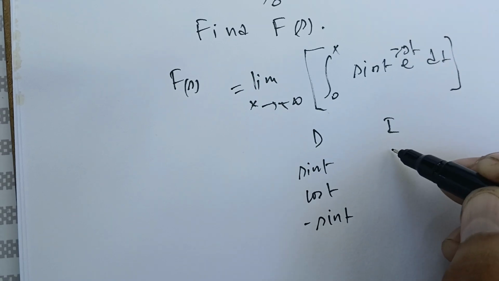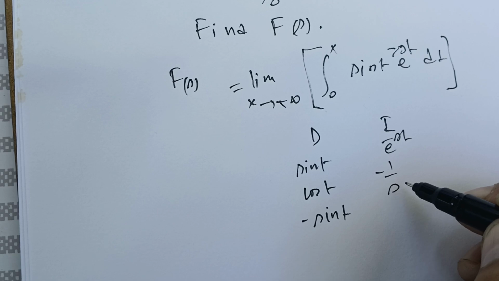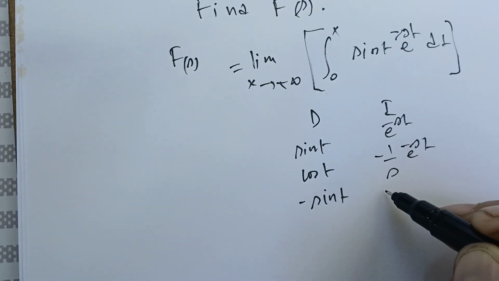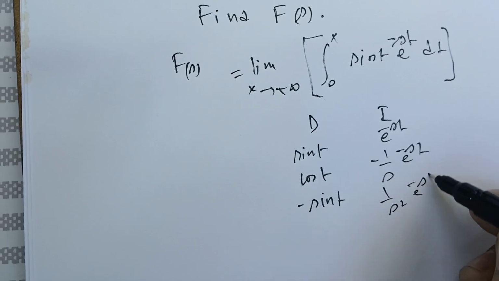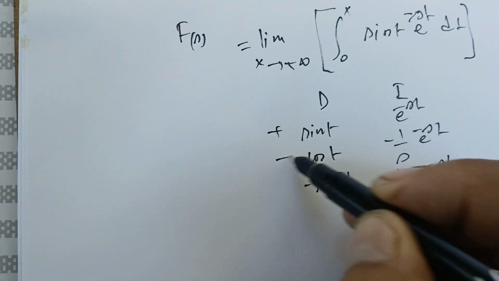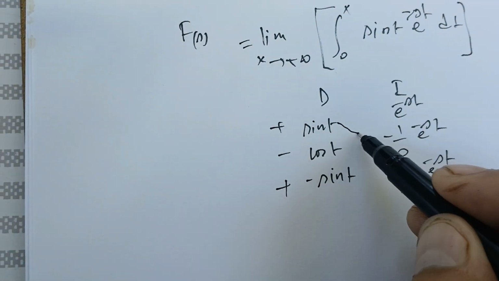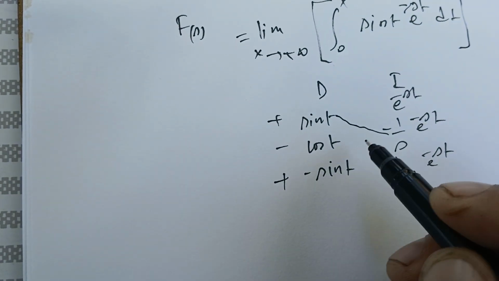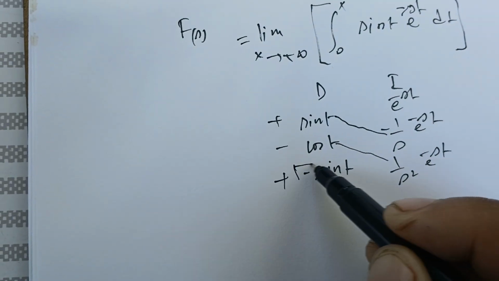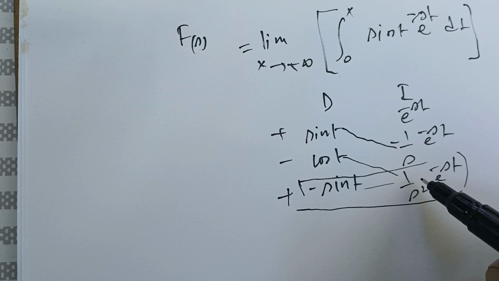And here we have e to minus st. When we integrate, we get minus 1 over s e to minus st, and doing it one more time, we get 1 over s squared e to minus st. We have a plus, minus, plus pattern, and using this tilted multiplication, if we want to stop here and integrate, we multiply directly.